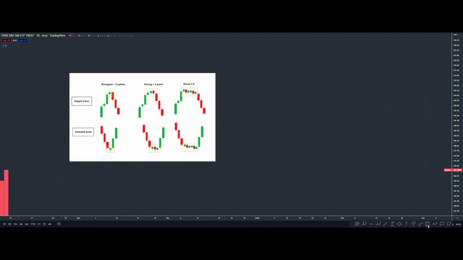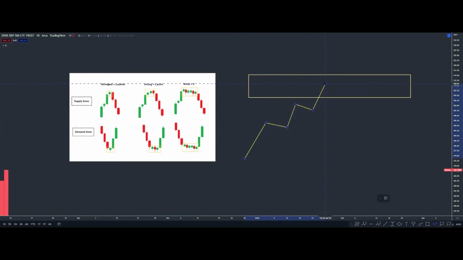And we can go ahead in here and even draw a little diagram. So let's say price action worked its way up, okay, and then pivoted, started a downtrend.